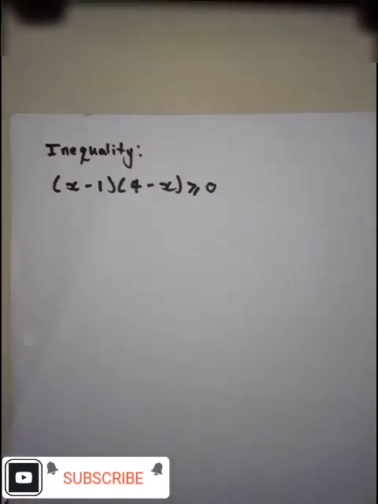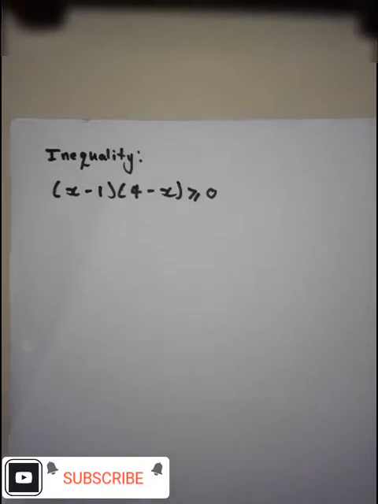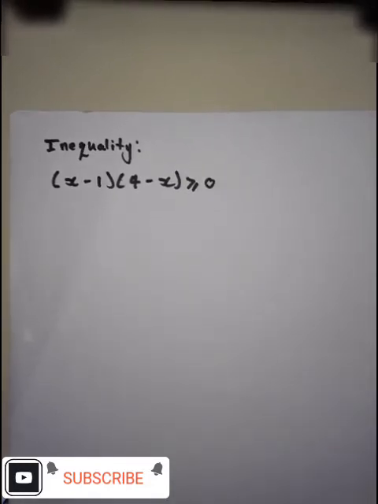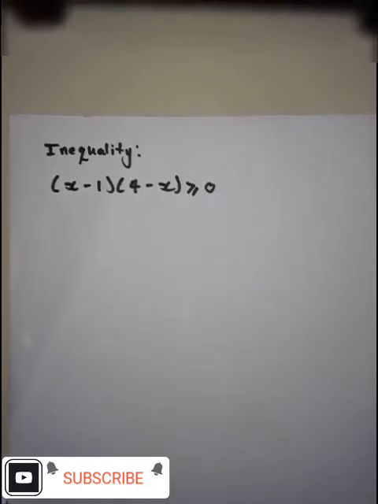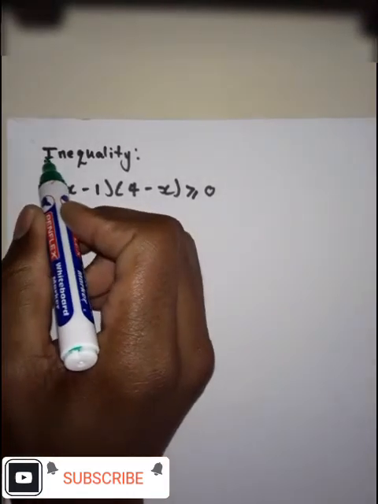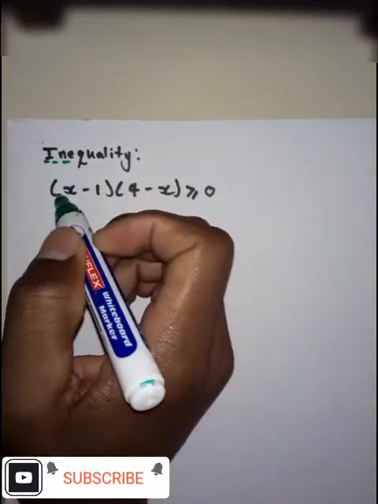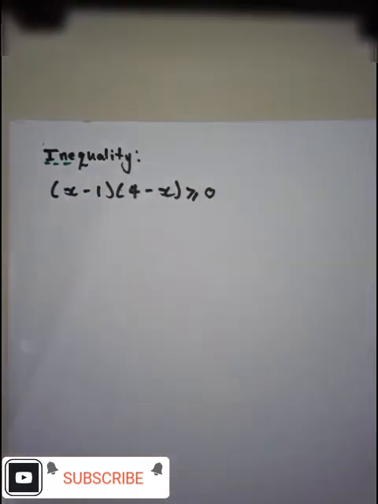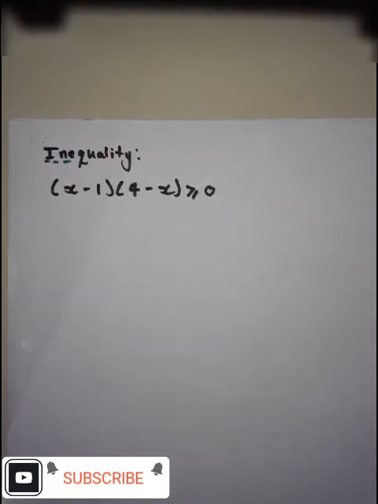Okay, so this is the third question, and the third question was inequality. So now I'm going to show you how to solve inequalities also. The first thing that you must understand about inequalities is that it means both sides are not equal, because equations means both sides are equal.